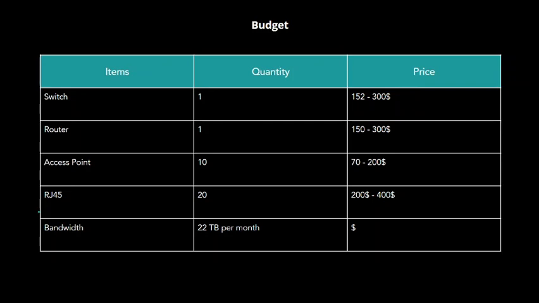And then our access points, because the office is large, and we are trying to make sure that everyone has access to the internet at a regular level, like everyone has the same amount of internet bandwidth and doesn't complain, we have 10 access points, and then the RJ45s for the wired connection.